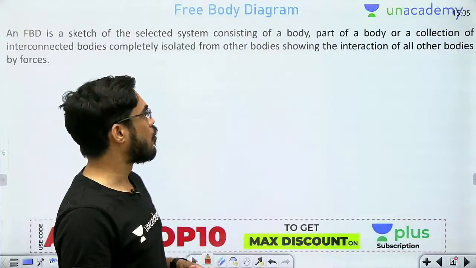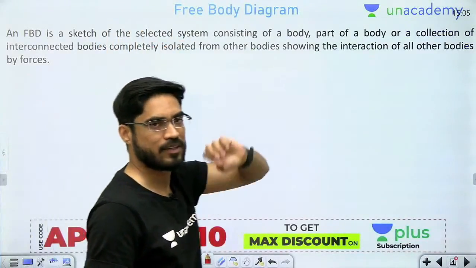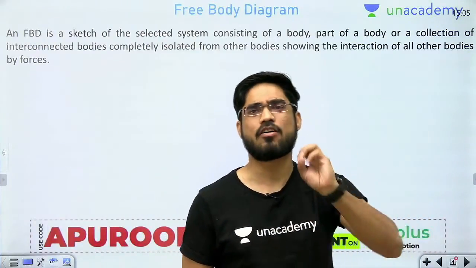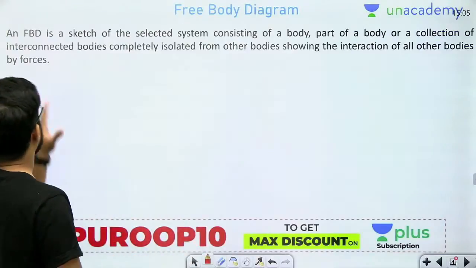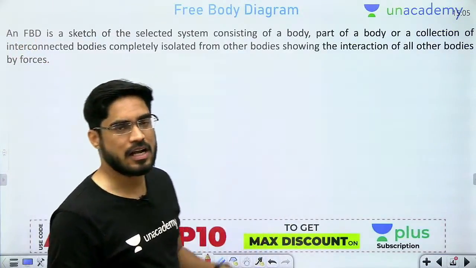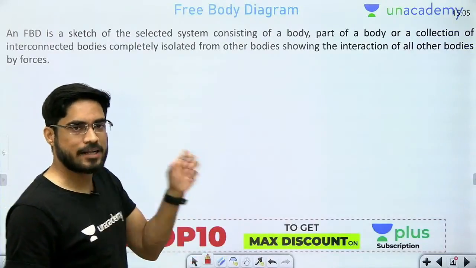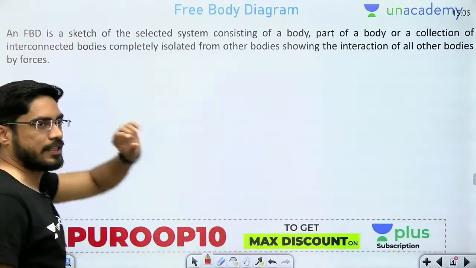Now let's go to the concept of this video, free body diagram. So बेटा let's first understand the meaning of free body diagram. Free body diagram से हमारा क्या मतलब है, क्या है? A free body diagram is basically the sketch of a body, part of a body, or a collection of interconnected bodies.